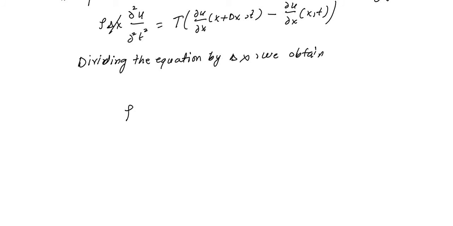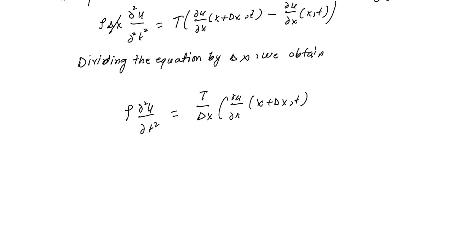On this side you will have rho and the second derivative of u with respect to t, and this thing will become equal to t divided by delta x, and the other thing will stay as it is, subtracted by this with respect to x and t.